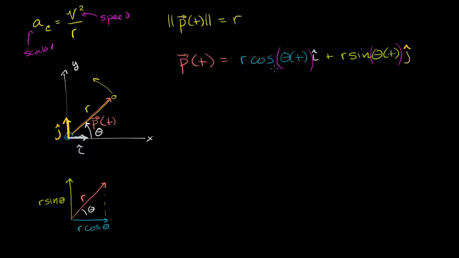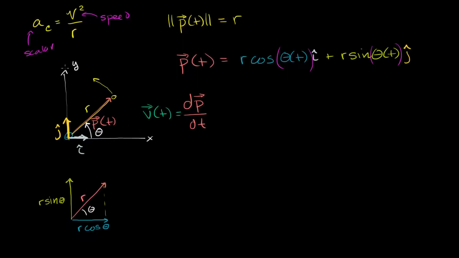So let's take the derivative of this thing right over here. So what is the derivative of our position vector with respect to time? Well, that's just going to be our velocity vector as a function of time.